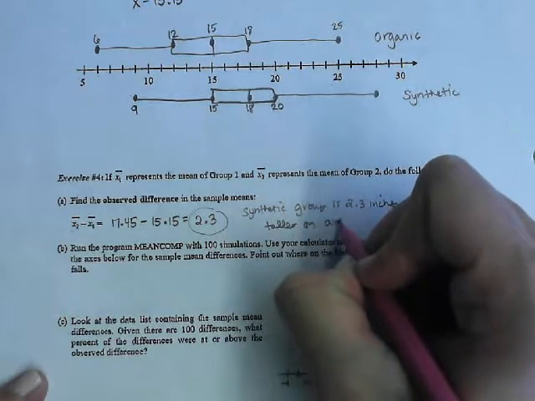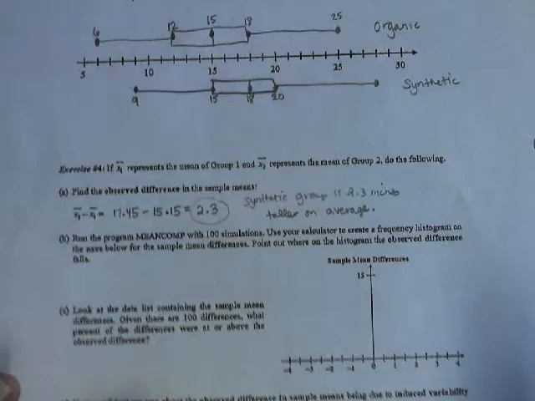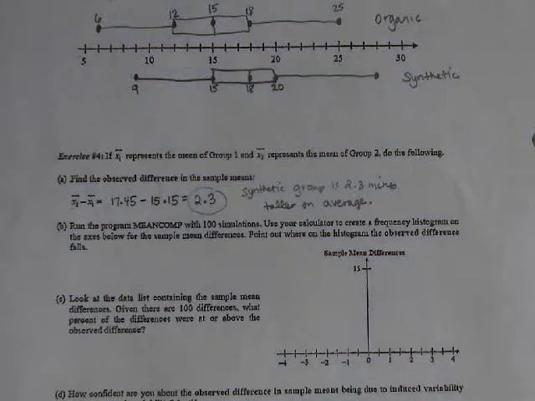So can I say done? There you go. If you buy these nutrients, these synthetic ones, your plants will be 2.3 inches taller. No, you can't guarantee that. It's obviously what this study shows. It's likely, maybe.